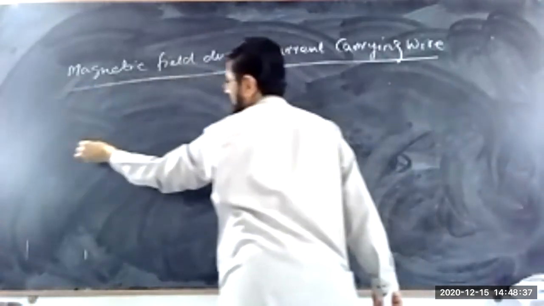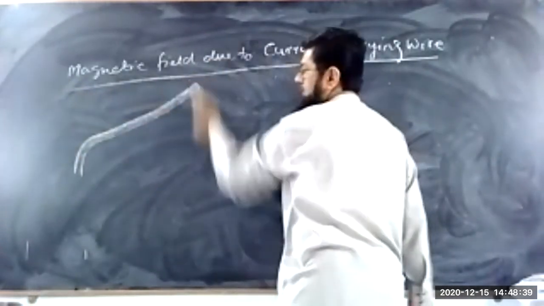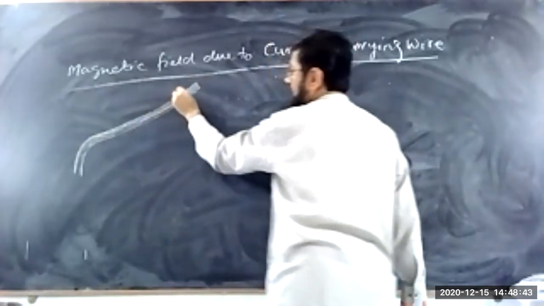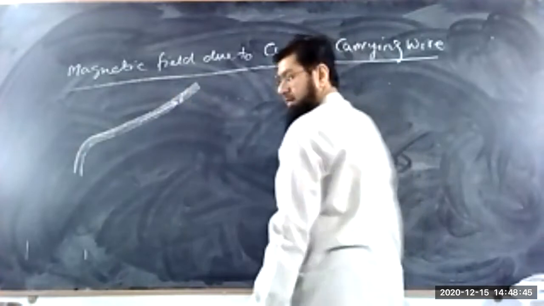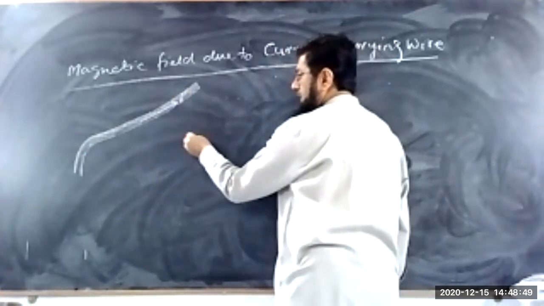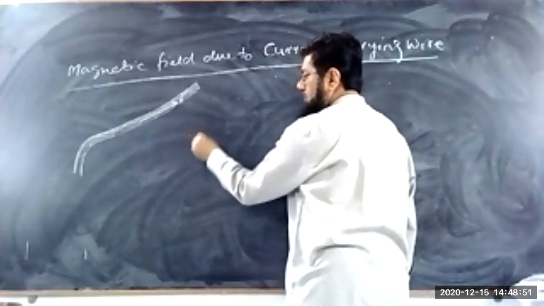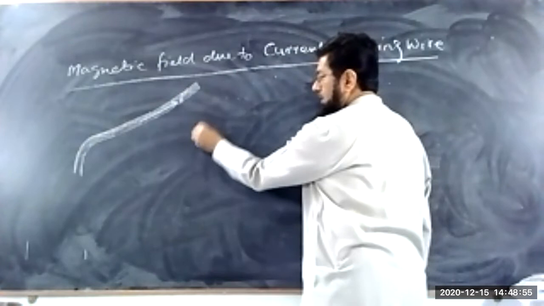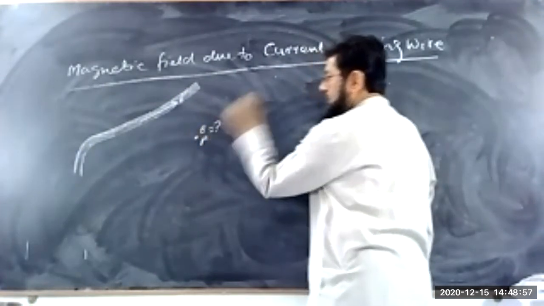If we say that this is the wire in which the current I is flowing in this direction, what is the magnetic field at point P, where we want to calculate the magnetic field?